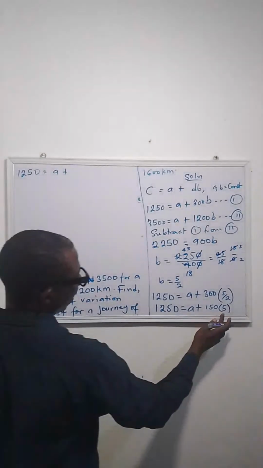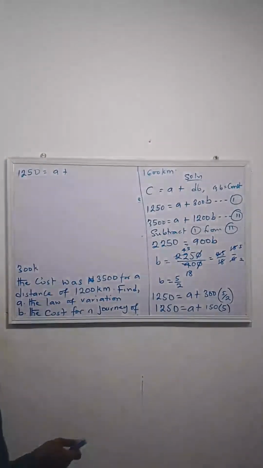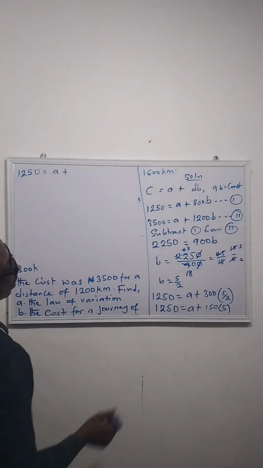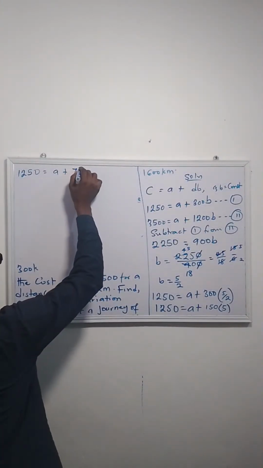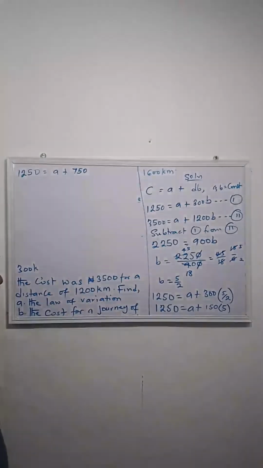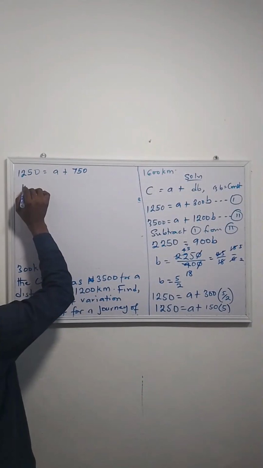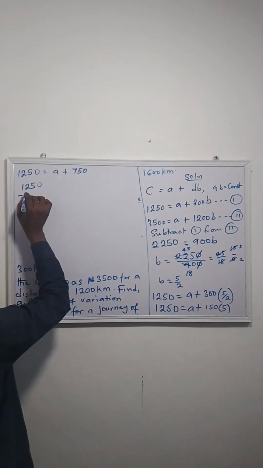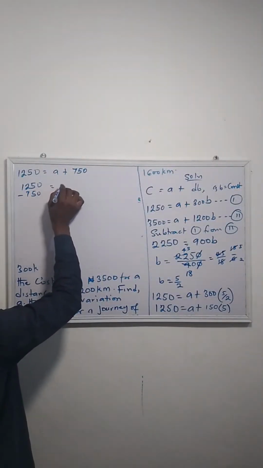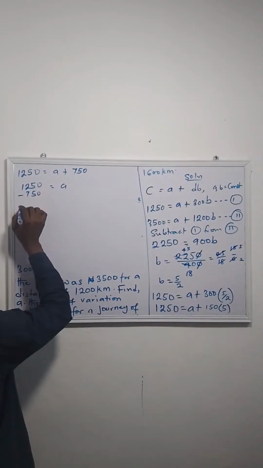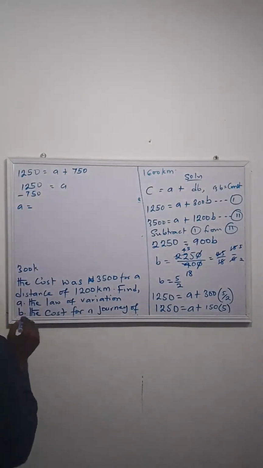Now, when you multiply this, what do you have? 750. So you can move this one here. You have 1250 minus 750 equals A. So what's going to be the answer to that?